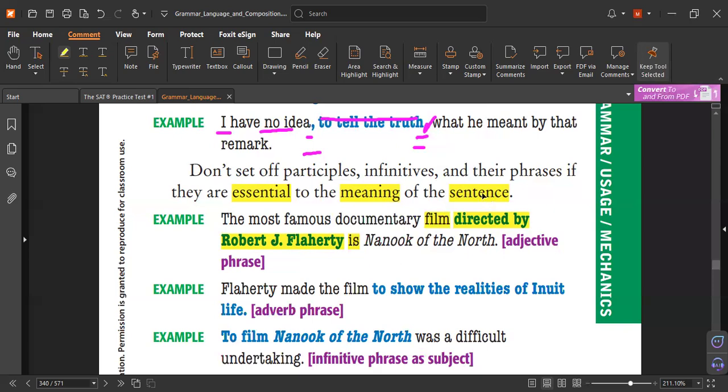This information is related to the film. So if I delete it, I will not understand which film exactly. Who did it? Yes or no? Directed by, we know who did it. Perhaps it's the same film, but directed by someone else. So deleting will affect the meaning.